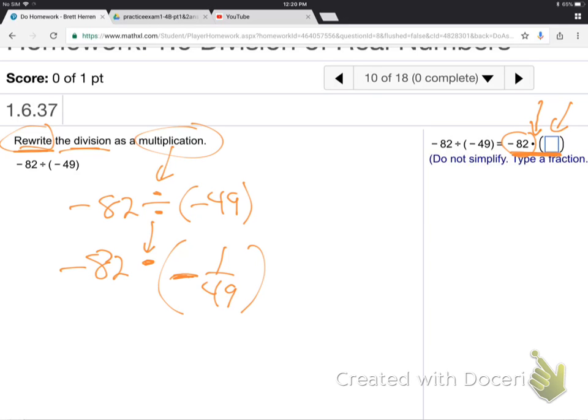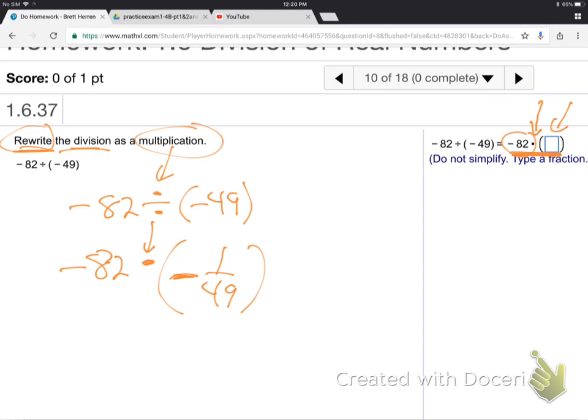They want you to basically flip it. They're keying on the idea, do you know that division is upside down multiplication? That's what they're reminding us of. Dividing by negative 49 is the same as multiplying by 1 over negative 49.